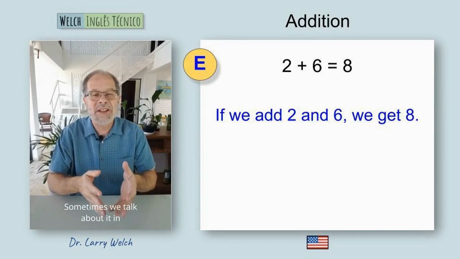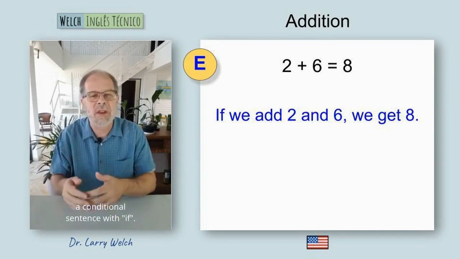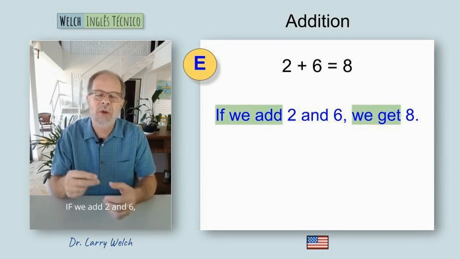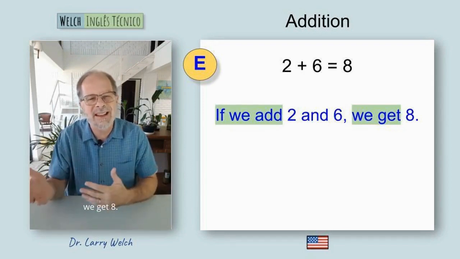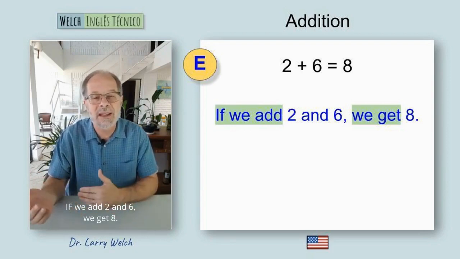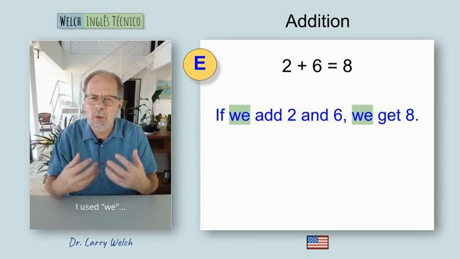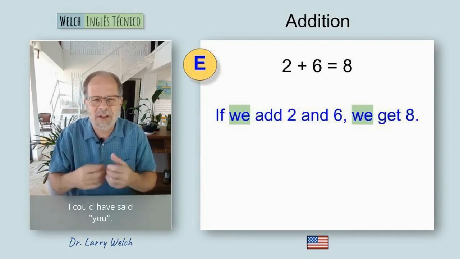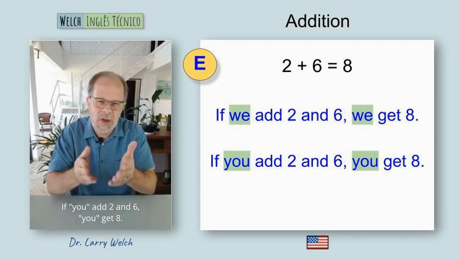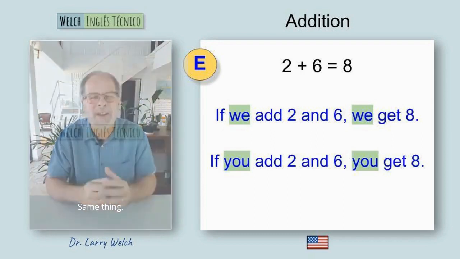Sometimes we talk about it in a conditional sentence with if. If we add 2 and 6, we get 8. I used we. I could have said you. If you add 2 and 6, you get 8. Same thing.